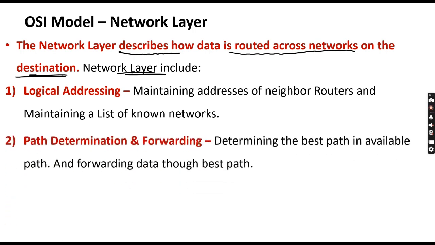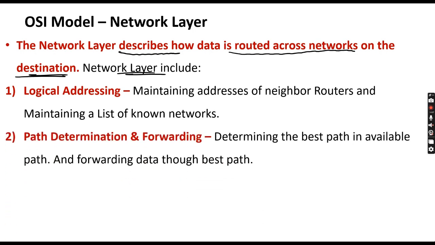One is logical addressing, second is path determination and forwarding. Very important. What is this? In simple terms, logical addressing is nothing but the IP addressing scheme. Your network layer itself is responsible for understanding the IP addresses, which can be understood by the router, the switches, or maybe your computer itself.